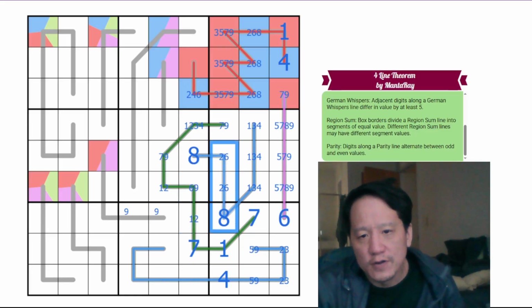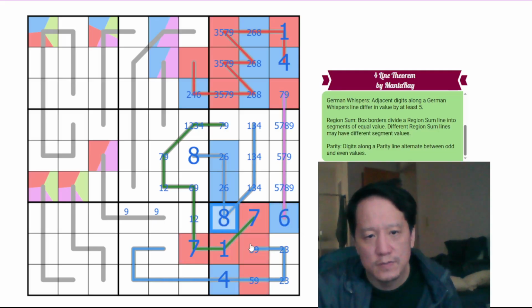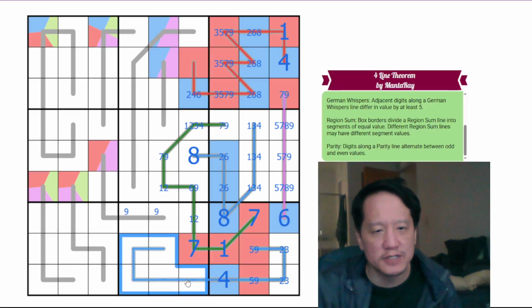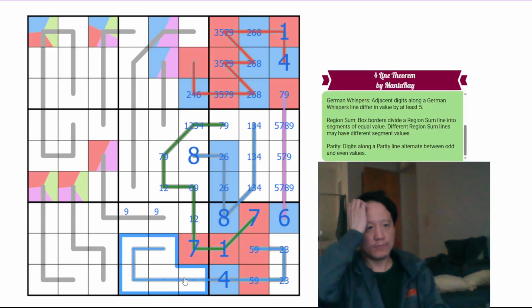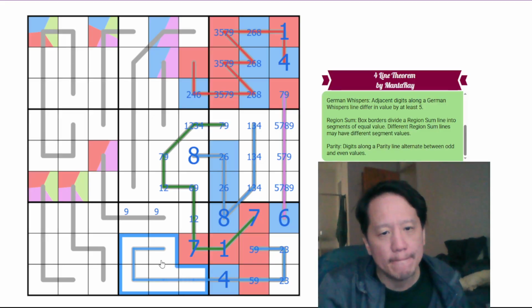So these are even. This is even. This is odd. These are odd. This is even. Right. So this has to add up to 9 because we have 6 and 8 here. So 6 and 8.